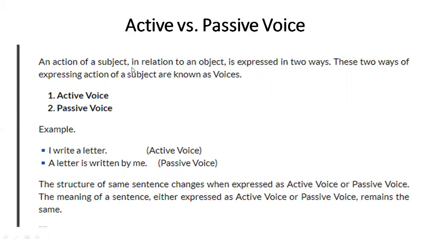An action of a subject in relation to an object is expressed in two ways. You can see that there is a relation of subject and object because of the action. So it could be expressed in two ways. These two ways of expressing the action of a subject are known as voices, that is active voice and passive voice.